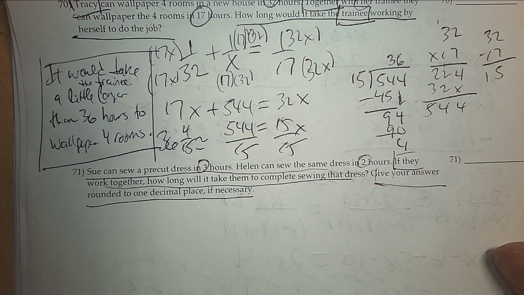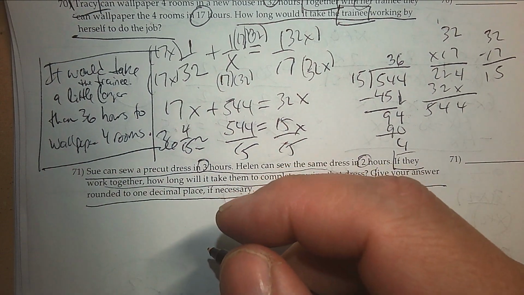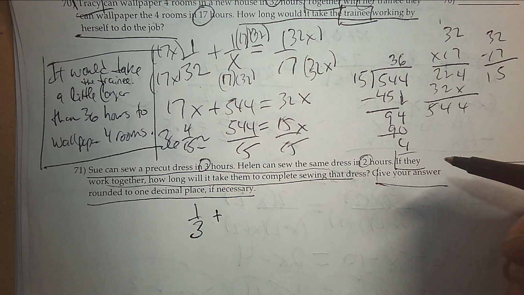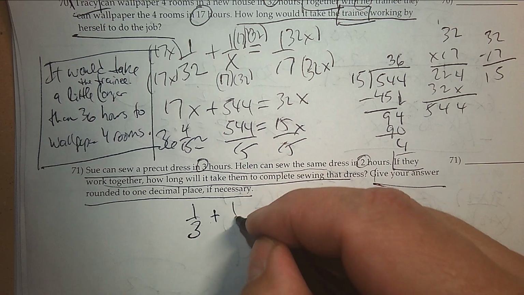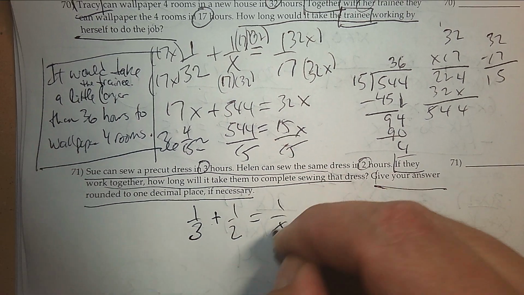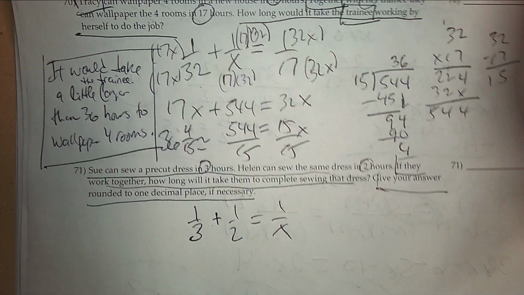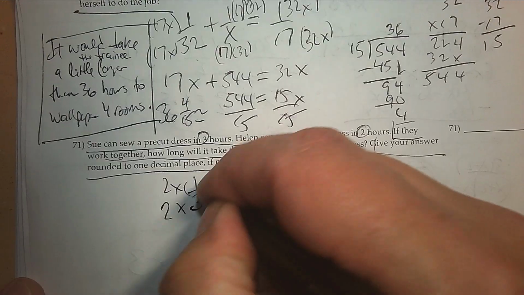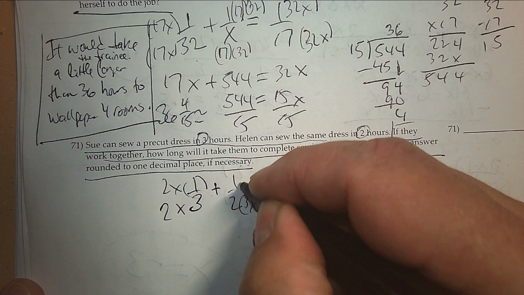Let's start this. Sue can sew, so the rate is 1/3. Helen, she's not as lazy, 1/2, and then together 1/x. What's the common denominator? 6x.